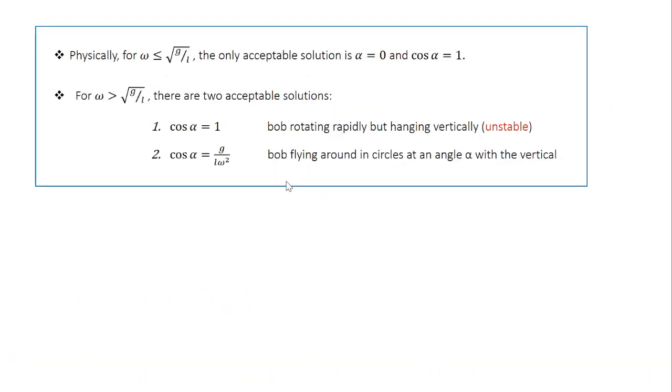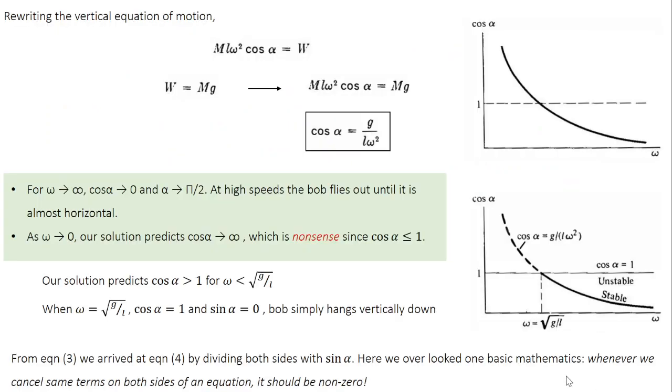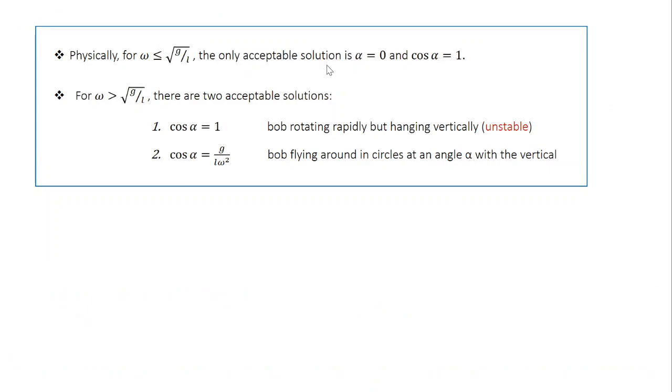So we need to specify our solution now. Physically, for omega less than or equal to square root of g by L, we know that cos alpha cannot be greater than 1. So we are going to specify that the only acceptable solution is cos alpha equal to 1 and consequently alpha equal to 0.